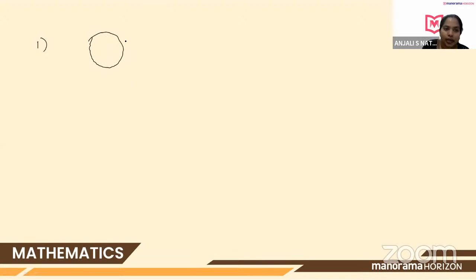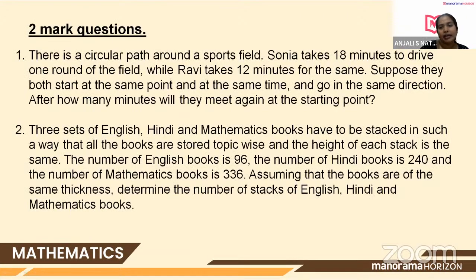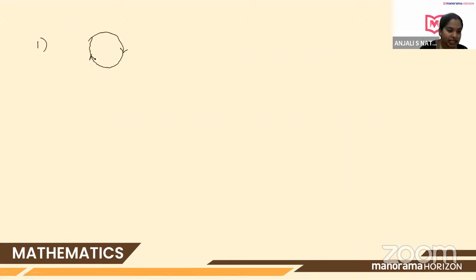Both Sonia and Ravi drive around the field, and Sonia takes 18 minutes to drive one round and Ravi takes 12 minutes. Both start at the same time, same point, and go in the same direction.